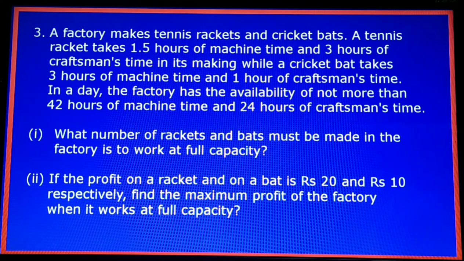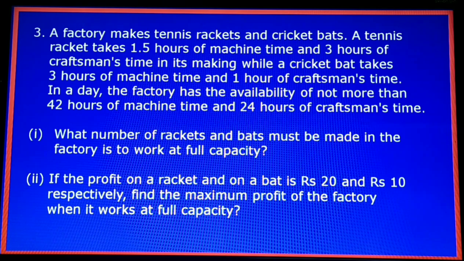Question number 3. A factory makes tennis rackets and cricket bats. A tennis racket takes 1.5 hours of machine time and 3 hours of craftsman's time in its making, while a cricket bat takes 3 hours of machine time and 1 hour of craftsman's time.